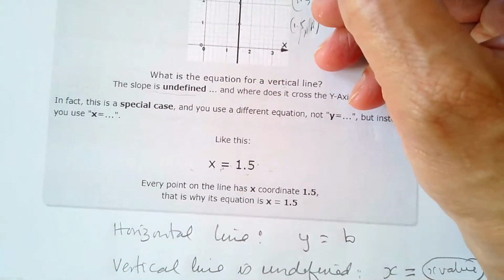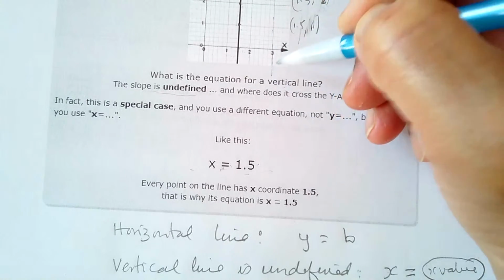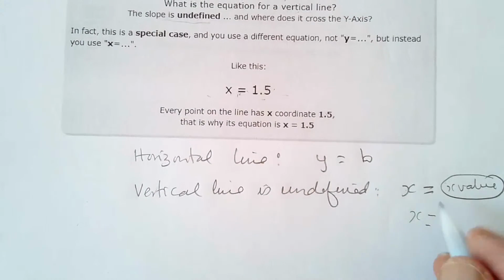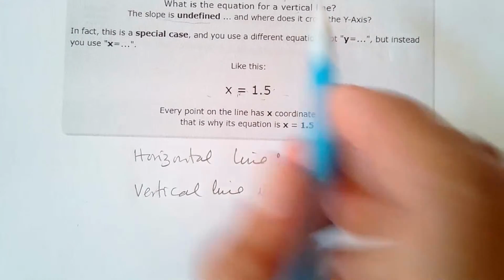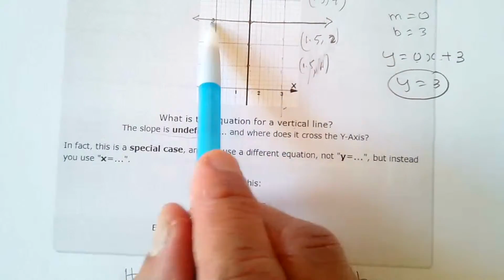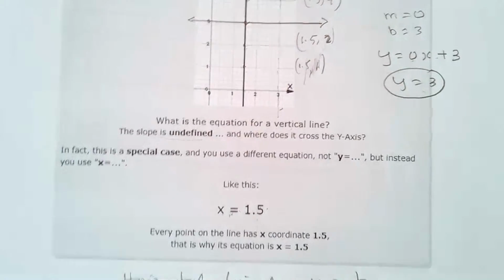If we have a vertical line right through 3, the equation here is x equal to 3. In this case, we have our horizontal line crosses the y-axis at 3. This would be y is equal to 3 as my equation.